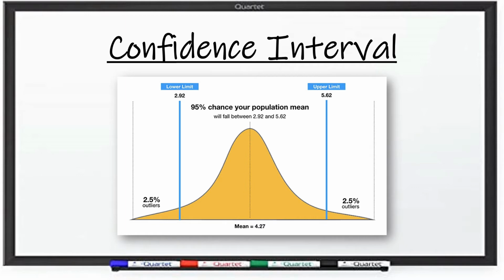Election polls are calculated with 95% confidence, so the pollster would be 95% confident that the true proportion of voters who favor the candidate would be between 0.37 and 0.43.